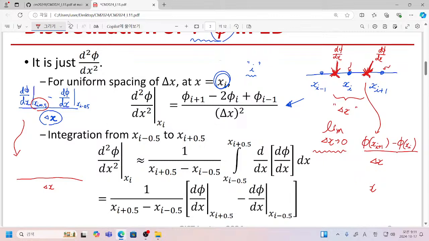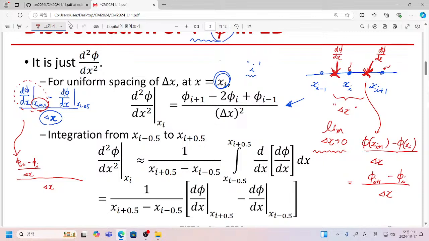So now if we adopt a simplified notation for phi at x_{i+1} as phi_{i+1}, and phi evaluated at x sub i just as phi_i, then we can write it in this manner. So if we rewrite this term as 1 over delta x times (phi_{i+1} minus phi_i).